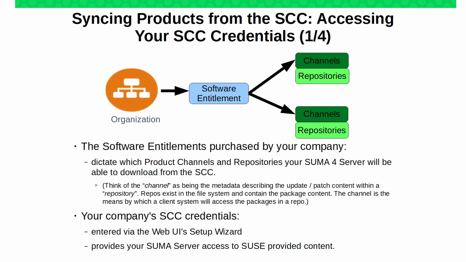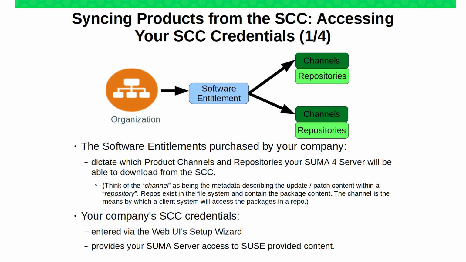And a repository is a directory or directories that contain the actual patch and update content described by the owning channel's metadata. Now, these definitions and the relationship between a channel and repository hold true whether you are talking about your SUMA server accessing content from the SCC, or if you're talking about some number of managed clients accessing patch and update content from your SUMA server.